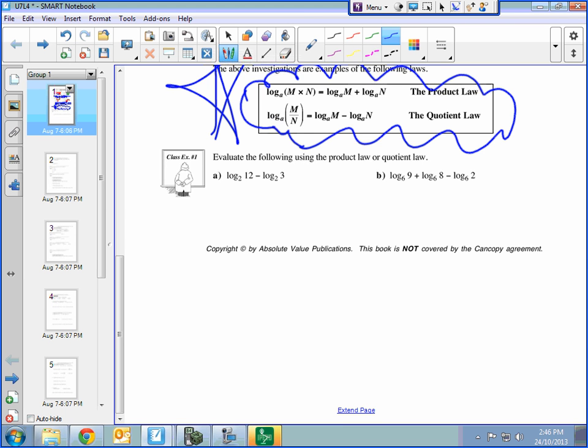So I can rewrite this as, so I have the same base, I'm subtracting my logarithms, what should I do to my arguments? If I'm subtracting my logarithms, I divide my arguments, yeah. So I go log, my base is still 2, and then it's always the logarithm on the left-hand side divided by the logarithm on the right.